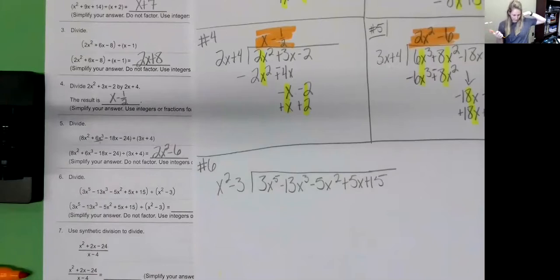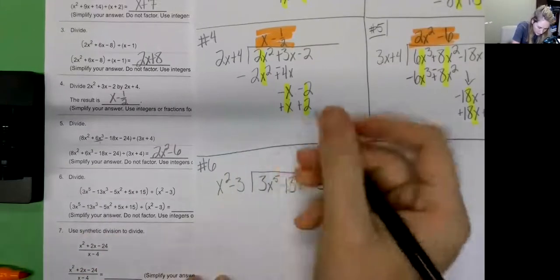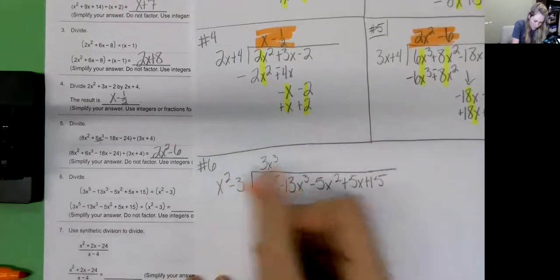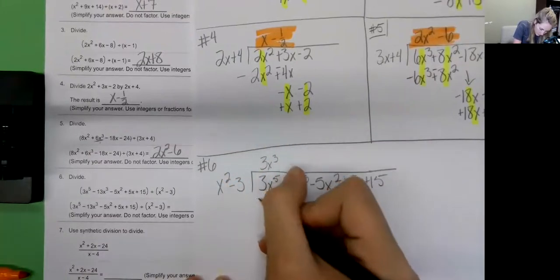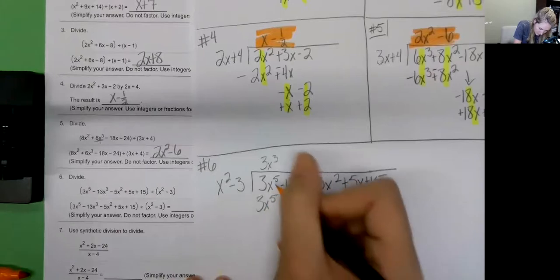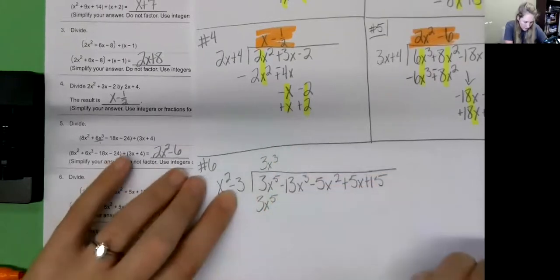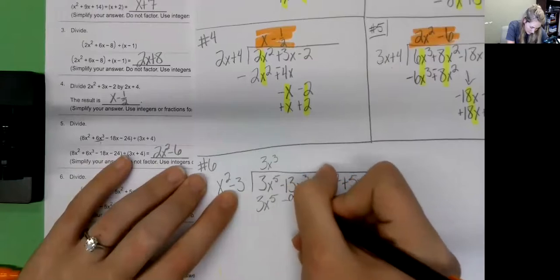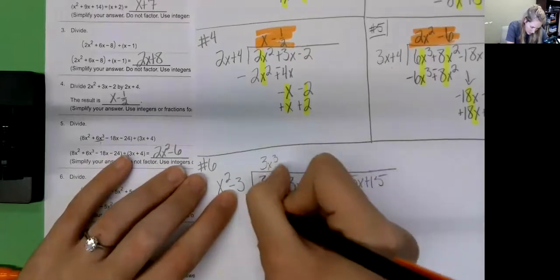All right, so first thing, our leading terms need to look the same, so we're going to multiply by 3x cubed. 3x cubed times x squared, so we'll have 3x to the 5th power. Then 3x cubed times negative 3 is going to be negative 9x cubed. Then we change our signs.